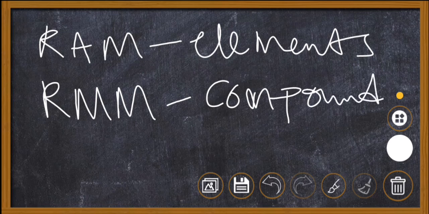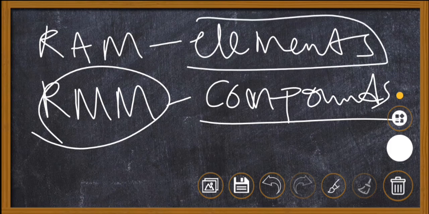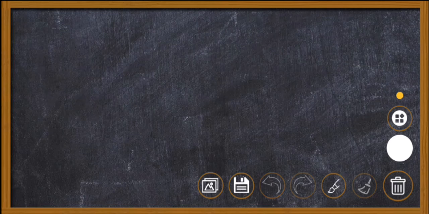So whenever you are dealing with a compound, it means that you should look for the relative molecular mass. Whilst when you are dealing with the elements, you should look for the relative atomic mass. However, they are just calculated in the same way. It's just that they are used on different molecules.